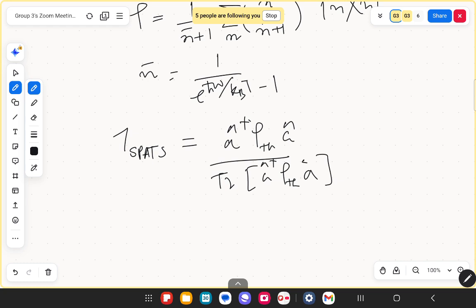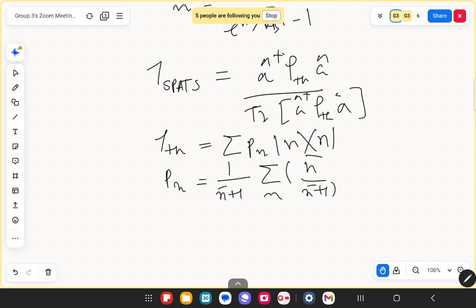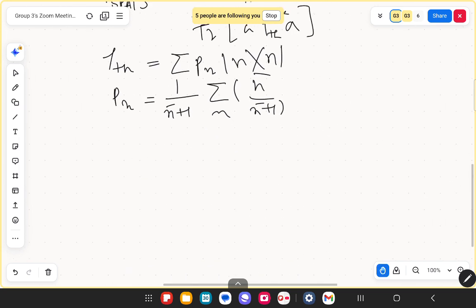Then, after obtaining this rho th, we'll get this as the summation of pn |n><n|, where pn is the probability defined by the initial factor, like 1 by n bar plus 1 times the summation in n bar by n bar plus 1. After doing this simplification, the results are as follows.